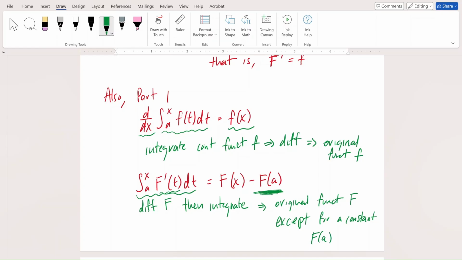So minus F of a is just a constant. And there you go. Nice and summarized.